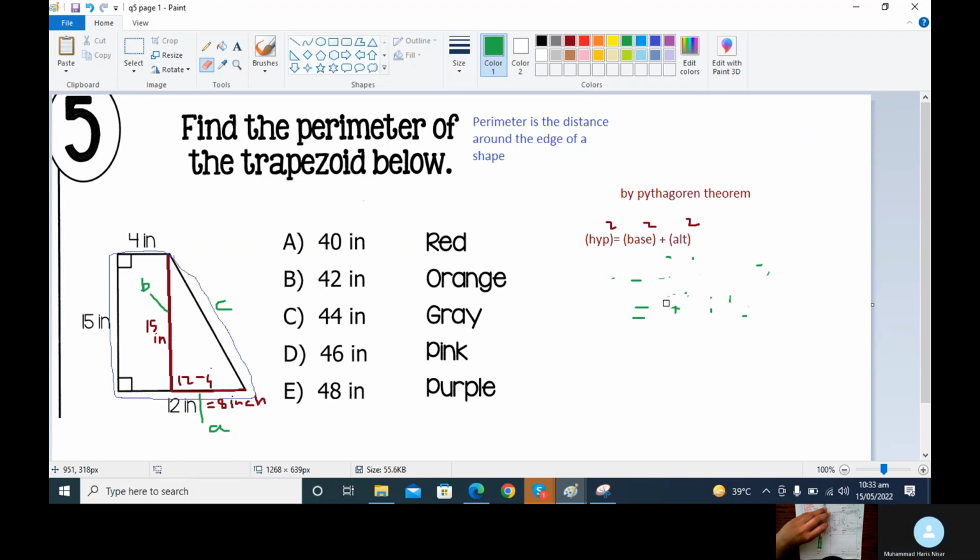You know this. So this is the Pythagorean theorem. A square plus b square is equal to c square. Fine. Now obviously you know that hypotenuse equals base, or you can write it.